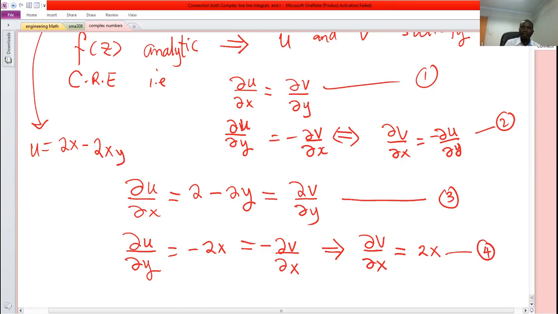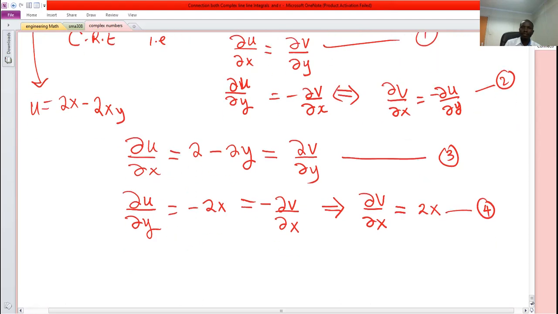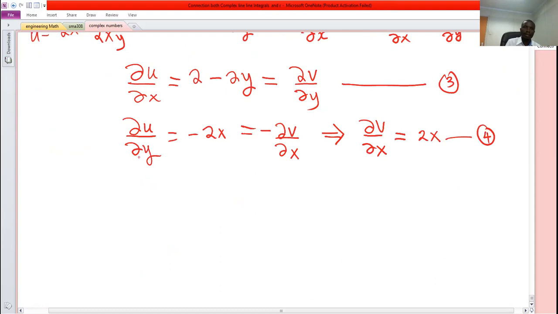Now we know that from calculus, dv equals partial v partial x dx plus partial v partial y dy. So call this one equation 5.